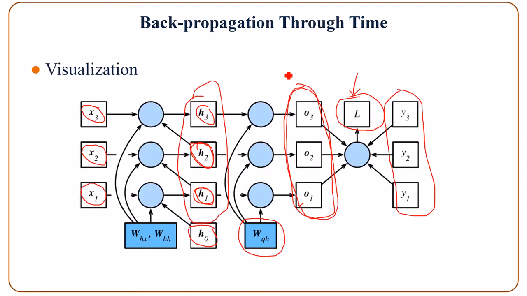In order to see that, I go back to the visualization, and here the final time step is T equal to 3, and we could see the loss function depends on h_3 through o_3 only.